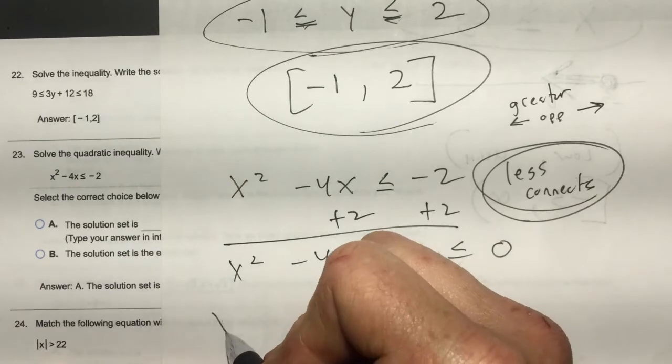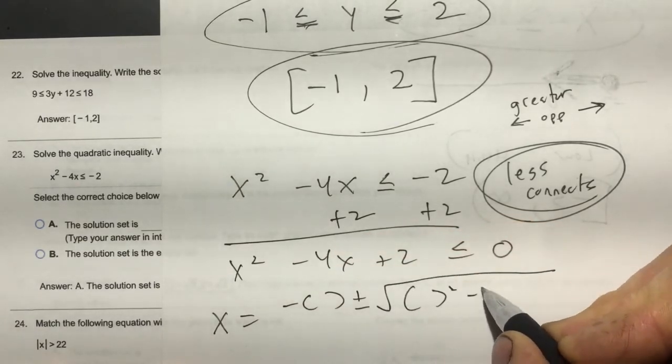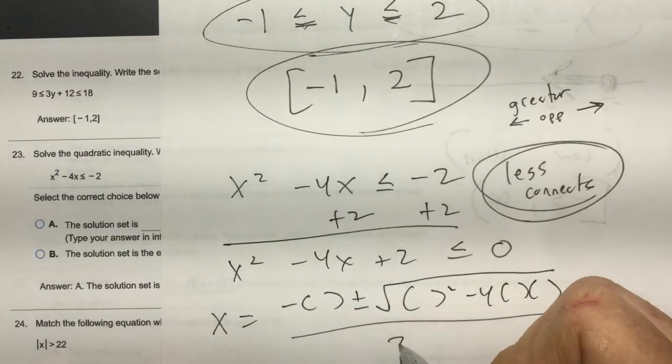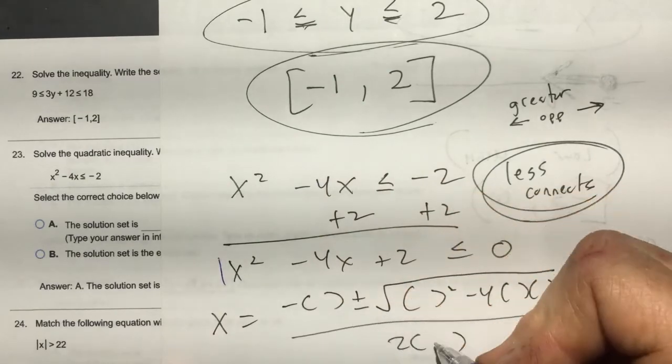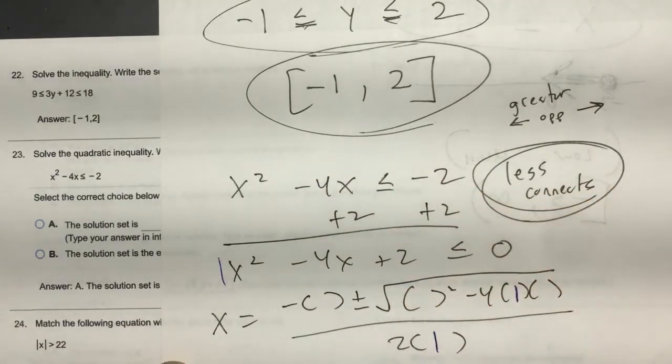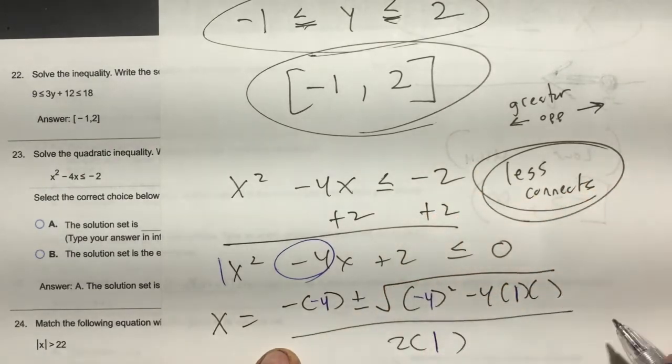So I solve this. So x equals negative b plus or minus a square root of b squared minus 4ac all over 2a. My a is 1. So a goes in those two spots. My b right there, negative 4, goes here and here. My c is a 2 on the end there.